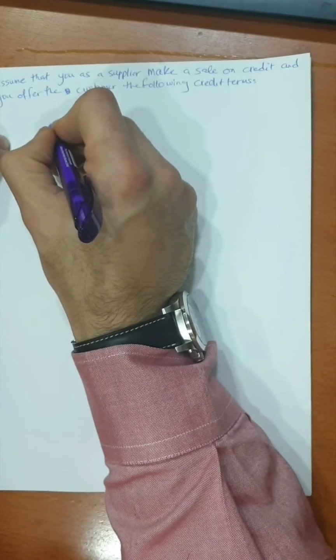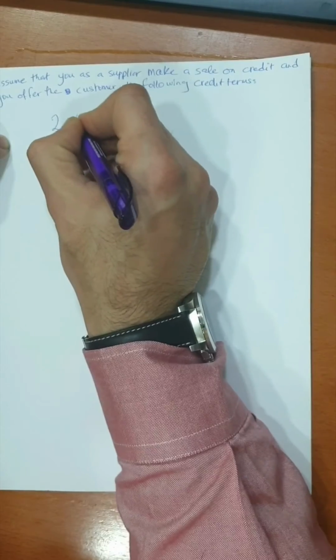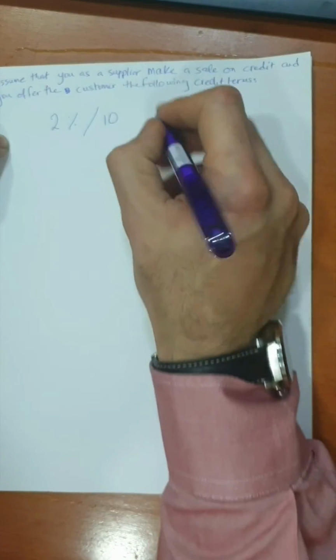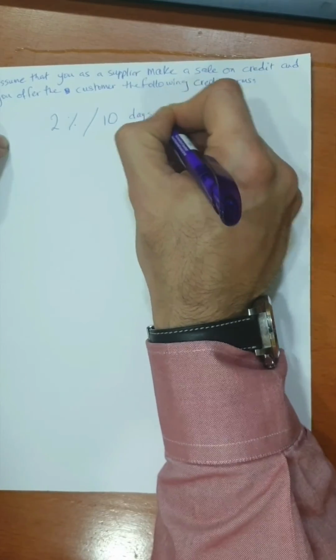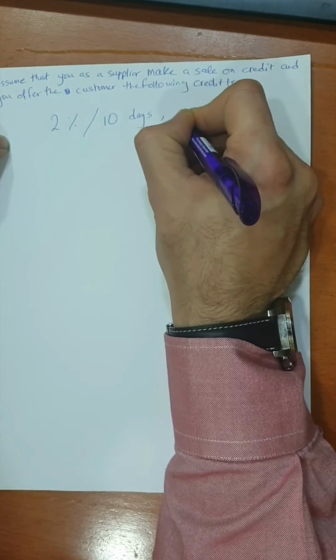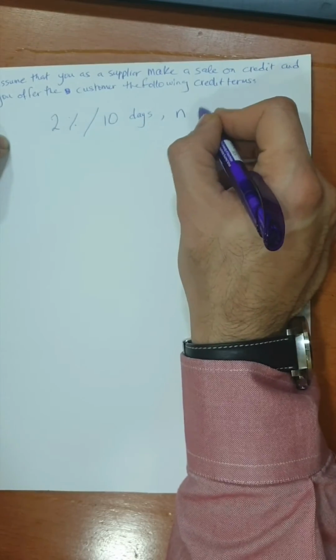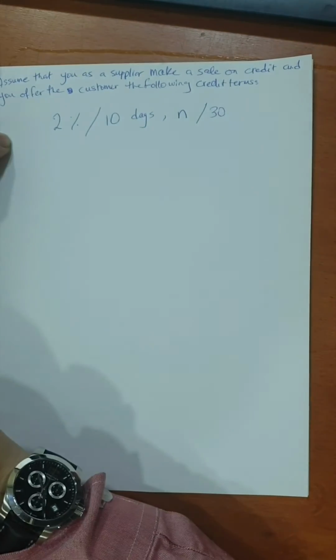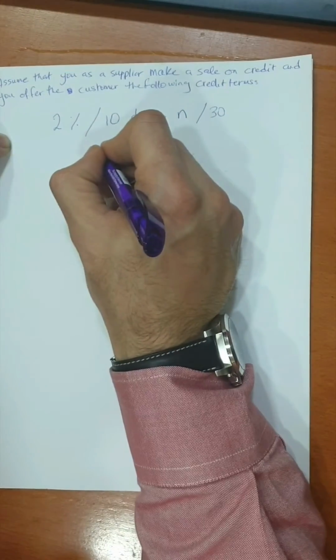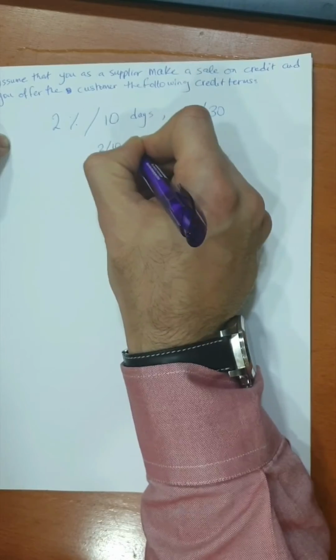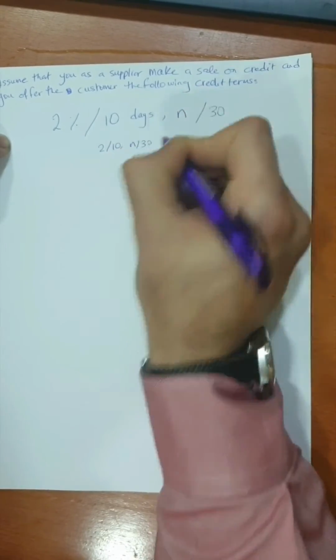When we say credit terms, we mean that you will get a 2% discount if you pay within 10 days. Otherwise, the full amount that you owe the supplier is due within 30 days. So to get this in the compact form, it's 2/10, n/30.